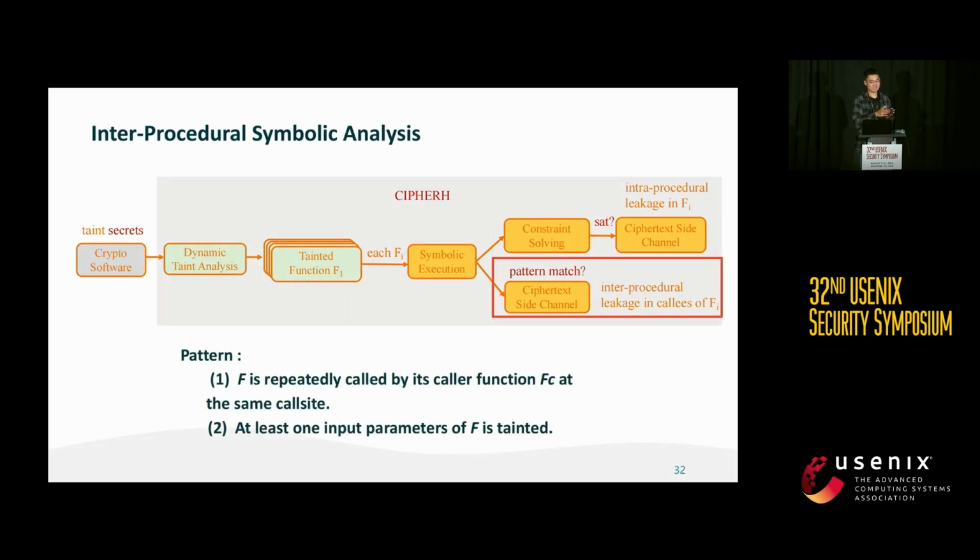For inter-procedure analysis, considering the huge cost of inter-procedure symbolic execution, we use pattern-based analysis. We give two patterns. Pattern 1 means that a function f is called in a for loop. And the second pattern means that at least one parameter of f is tainted. These two patterns are from the observations of cryptographic libraries.